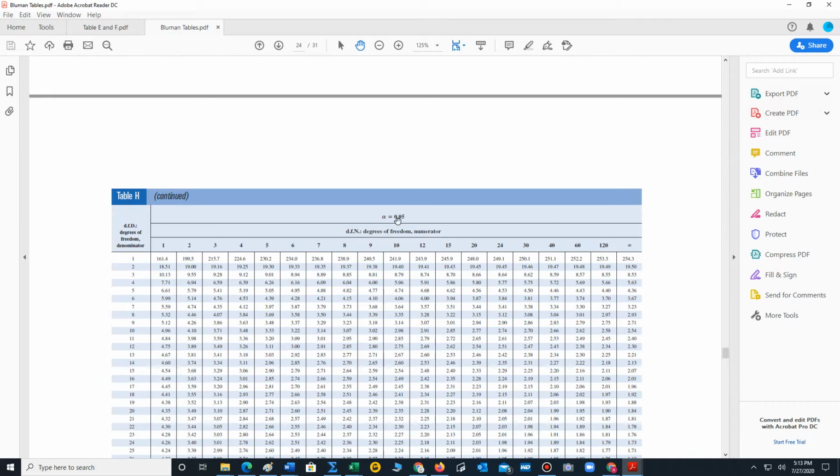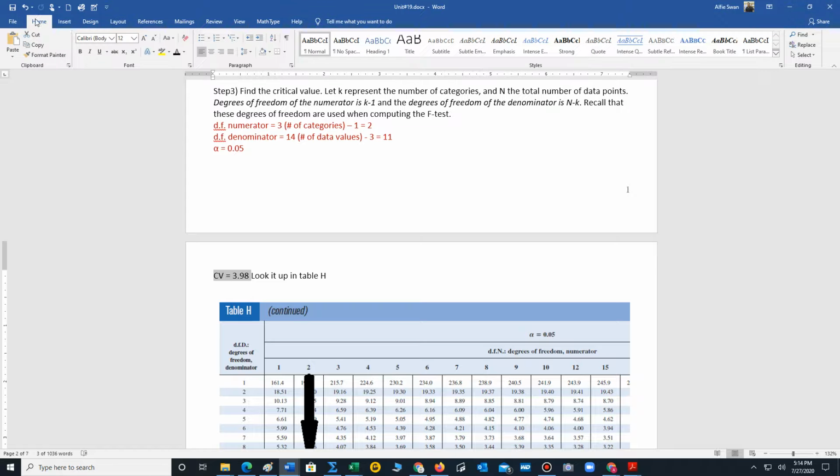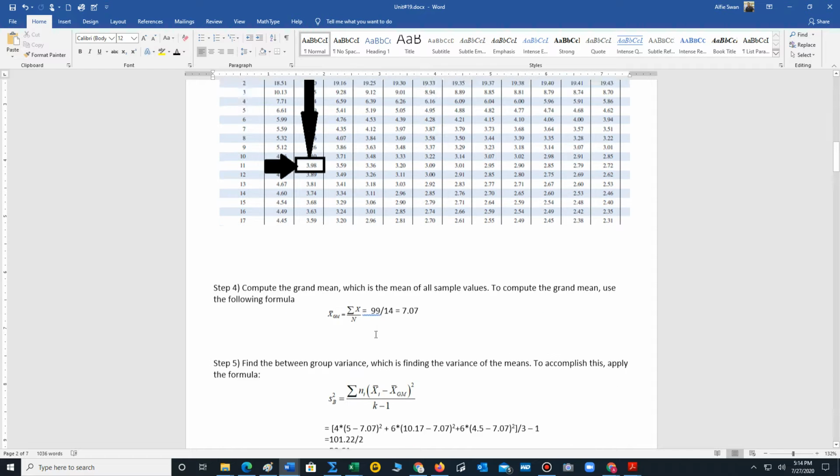So there's our alpha, 0.05. Remember, degrees of freedom of the numerator, 2. Degrees of freedom of the denominator, that was 11. So 3.98. That's the critical value. It's right here. 3.98. There's another way of examining how to find it.